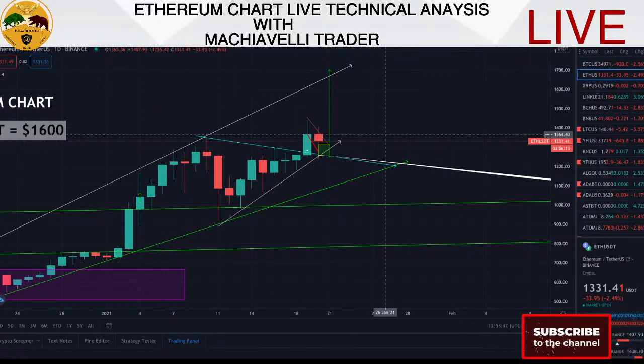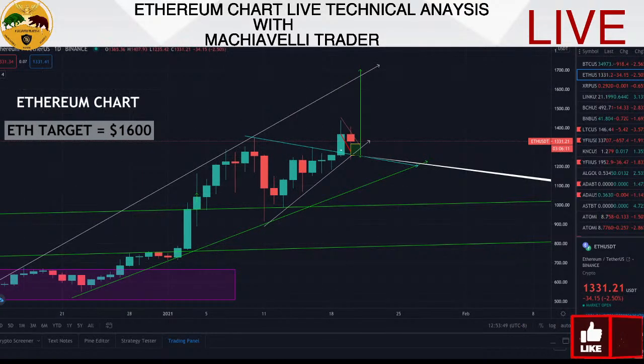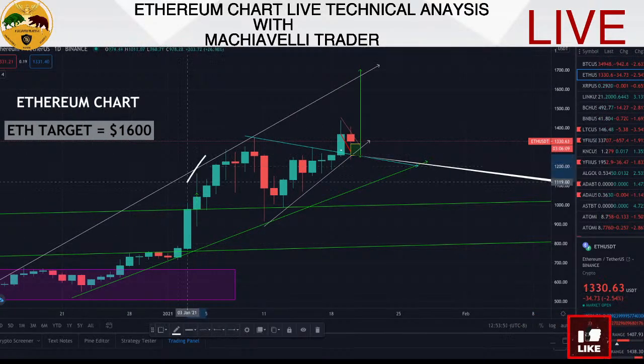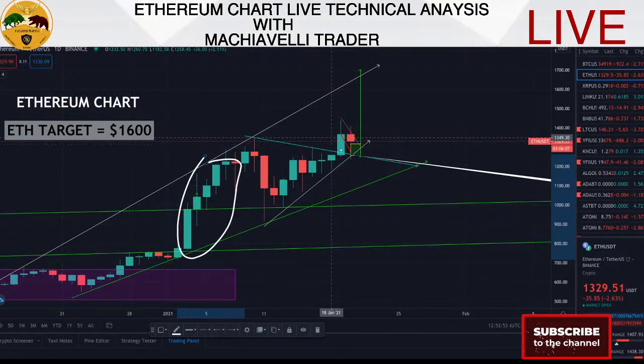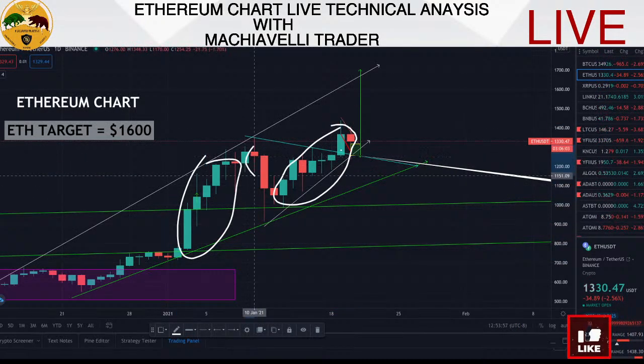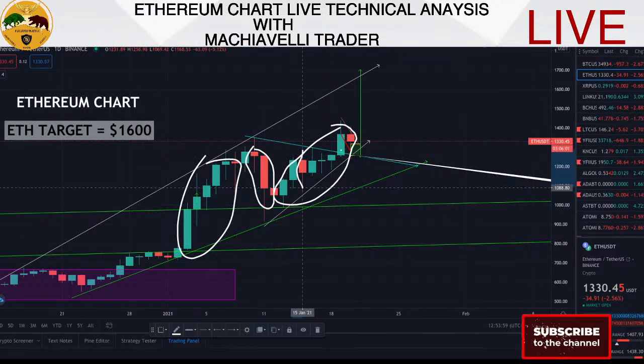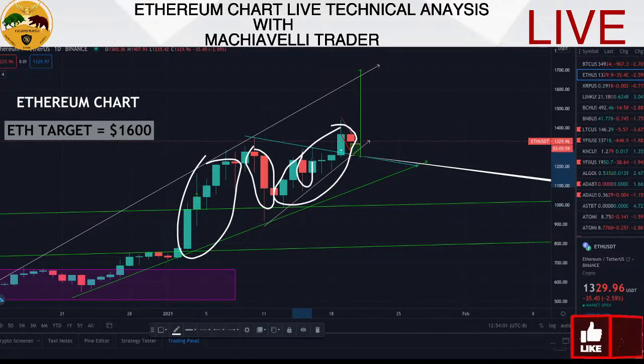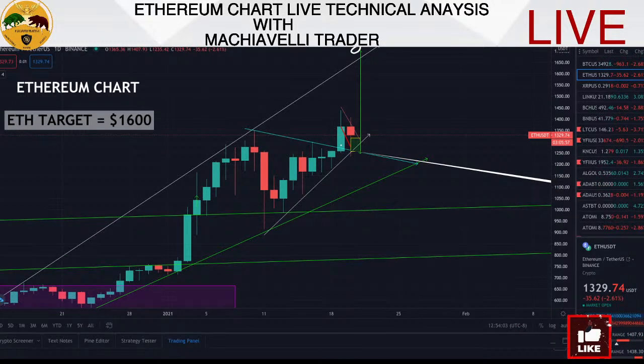Like in the situation here, we see that the buyers' pressure is quite strong. Like you see, they have this strong buy pressure compared to the sellers' pressure that we're seeing. The sellers' pressure is quite low. Even though the price is in a range, we are still seeing higher lows, right?